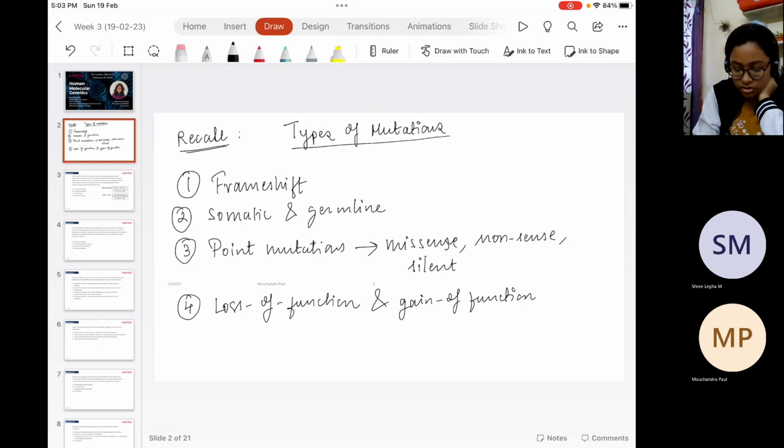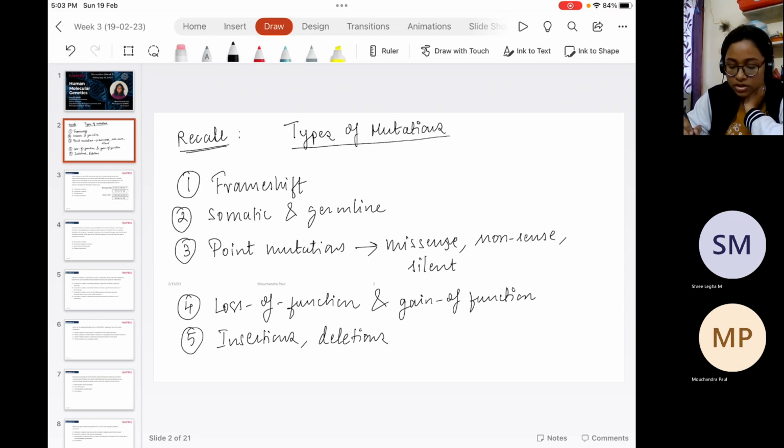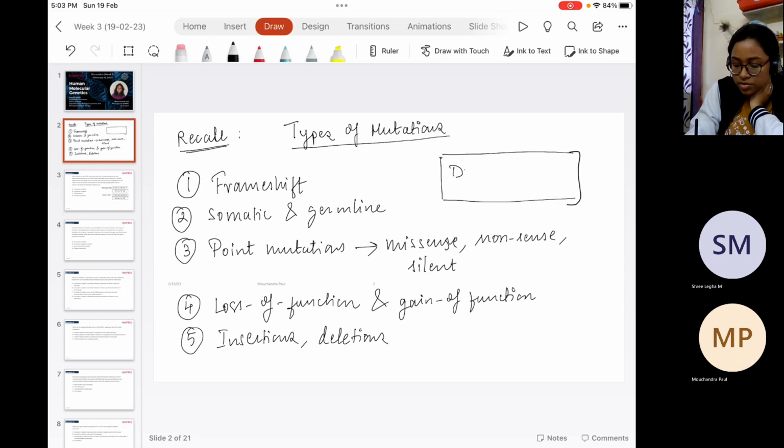Then there can also be deletions and insertions, of a few bases. That also results in a type of mutation. So these are all different types of mutations that were discussed in previous weeks' videos. But a new type of mutation that was discussed in week 3 is dynamic mutation, also called repeat expansion.